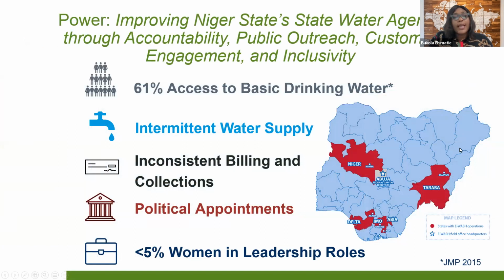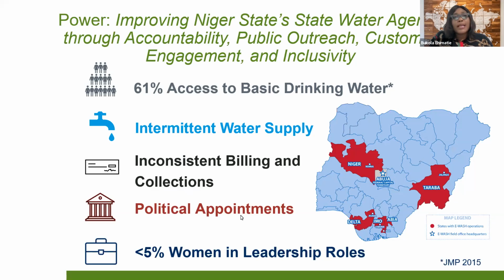And again, we learned through that survey, especially through our literature reviews and review of existing work, that in 2015, only 61% of urban Nigerians had access to basic drinking water.